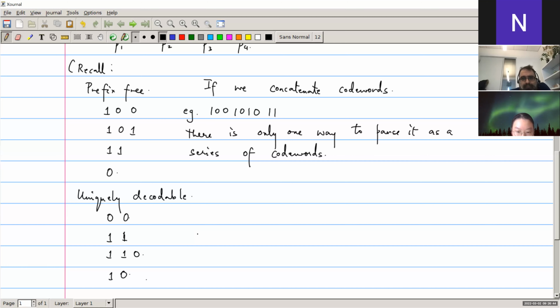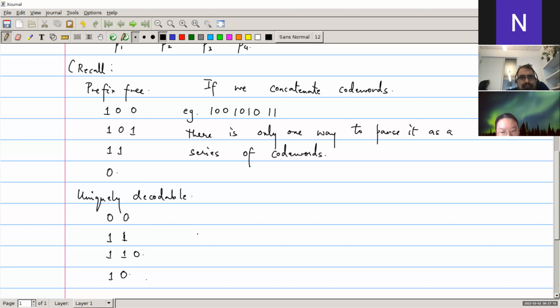The last pair of ones could be from either this or this, and then you worry about what happens after. If you look at how long the sequence of zeros is, if it is odd, the last one has to be this in the previous block. Otherwise it has to be 1 1.